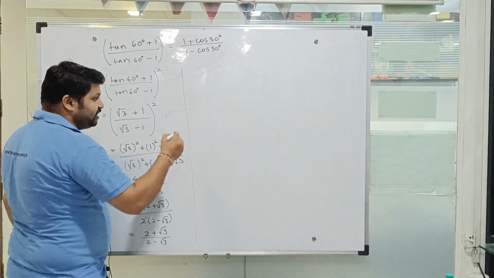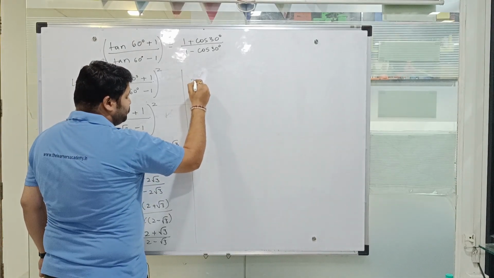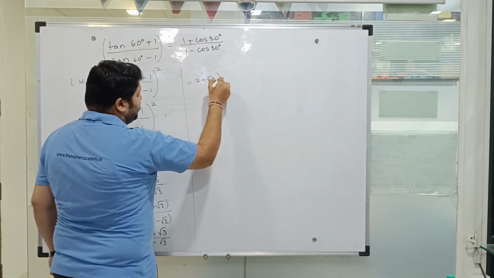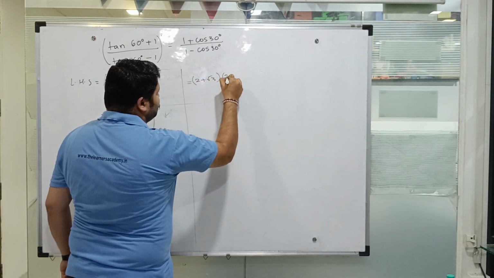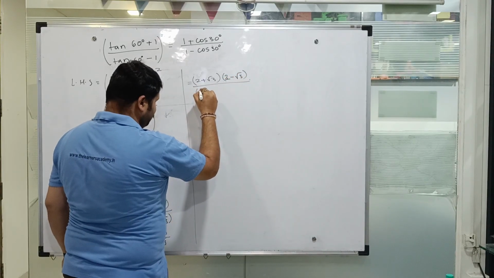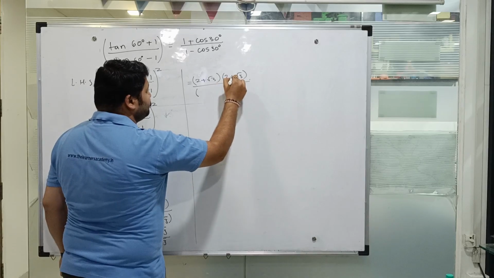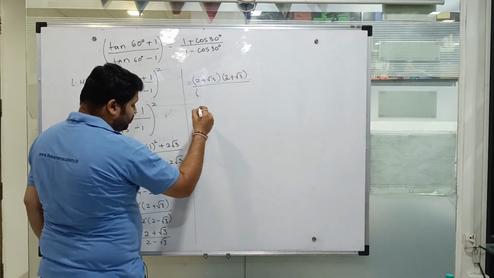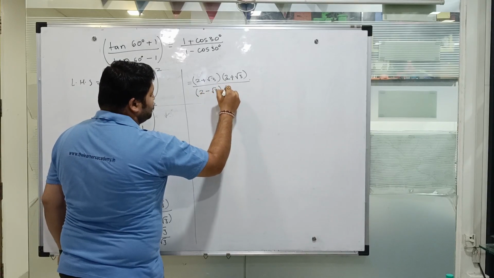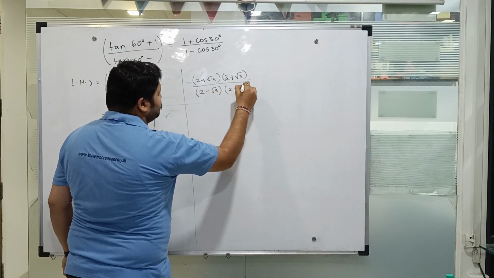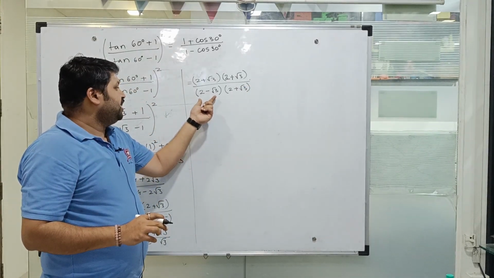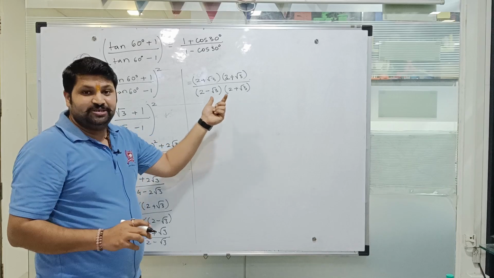So this would be 2 plus root 3, and it would get multiplied by 2 plus root 3 to rationalize the denominator, and in the denominator we have 2 minus root 3 multiplied by 2 plus root 3. We'll use the identity a minus b multiplied by a plus b is equal to a square minus b square.